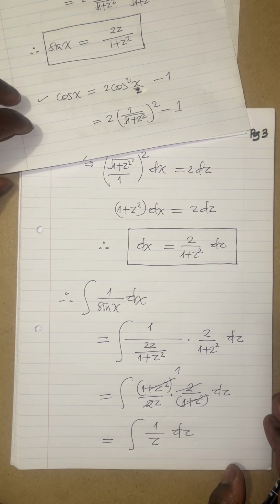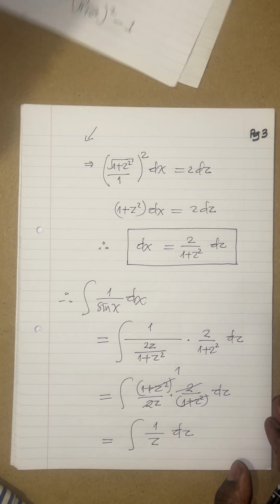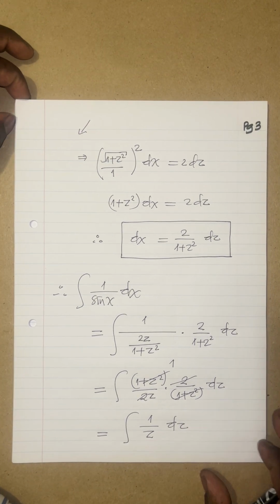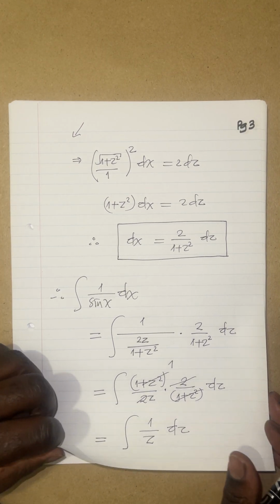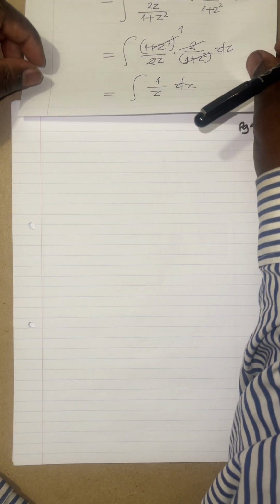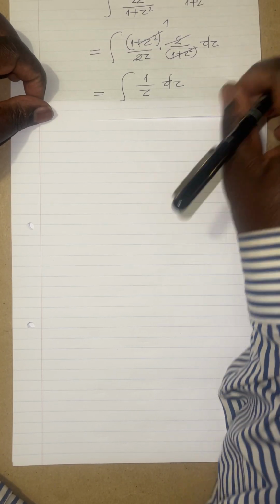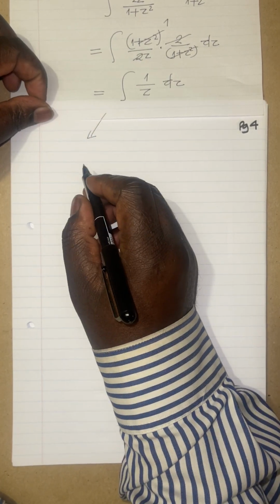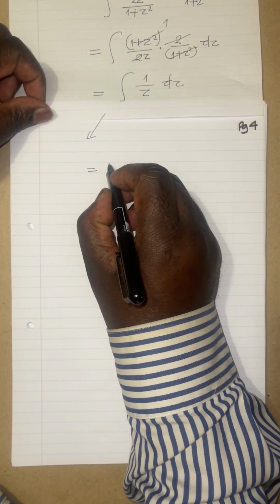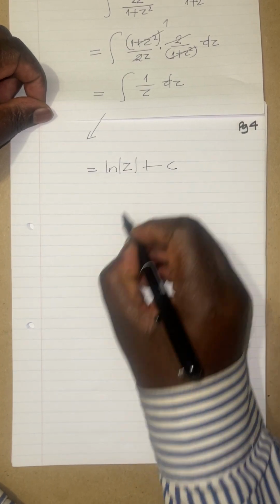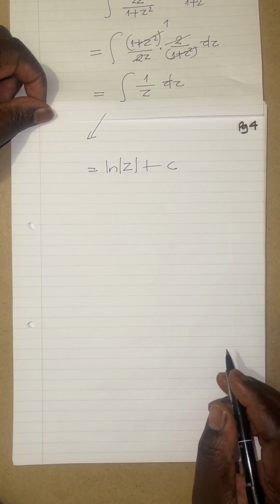Now you agree with me, if you have watched my previous videos, the integral of 1 over z is just the natural log of z. Taking us to page 4. So basically we are saying now that this integral here changes to the natural log of z plus obviously c, because we're dealing with an indefinite integral.